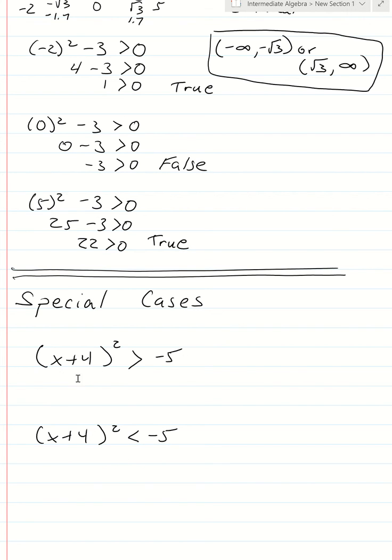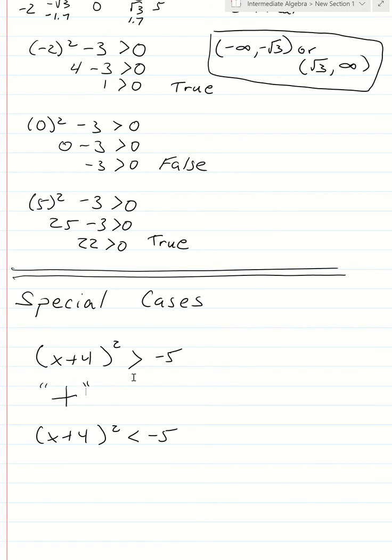So regardless of what number you substitute in for x, when you add 4 to it and then square it, the left side will always be a positive number, because whether you square a number that's positive or negative, it'll always be positive in the end.